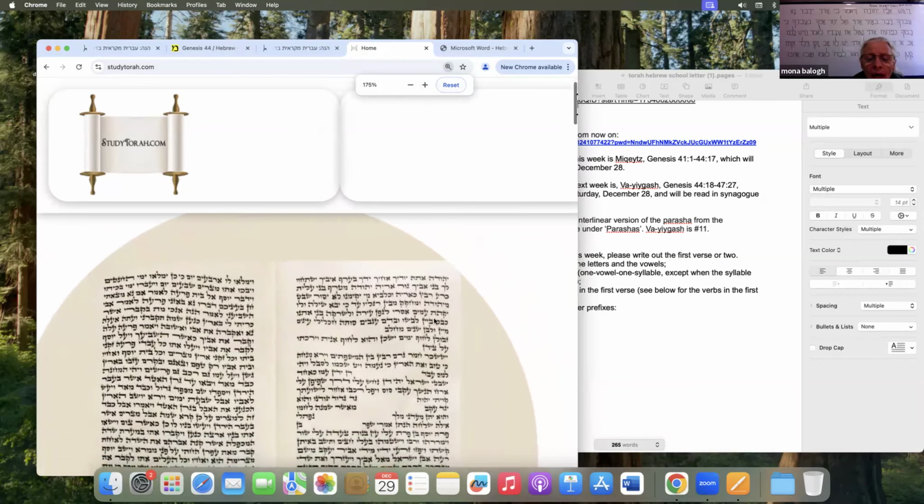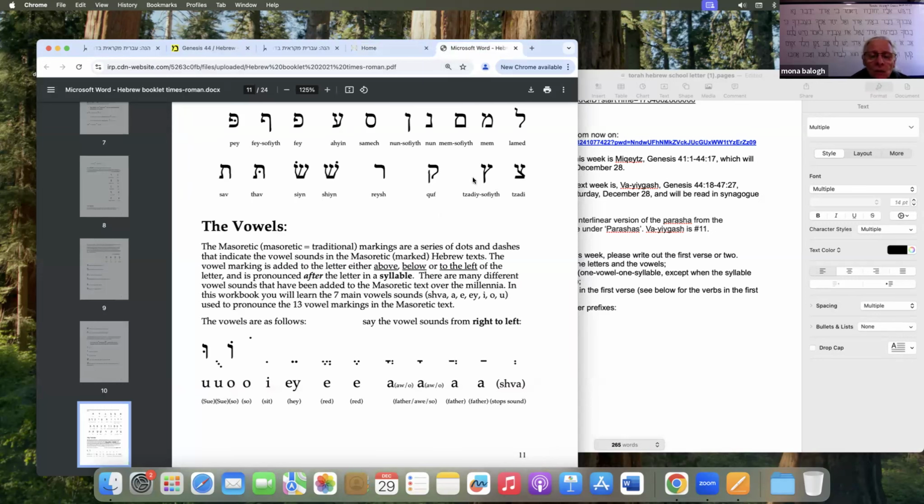You can read this, but it helps to have the sounds that the rabbis have put in, and that's the Masoretic pronunciation. Masoretic pronunciation adds to these letters and the words that the letters make the ability to pronounce the words out loud.